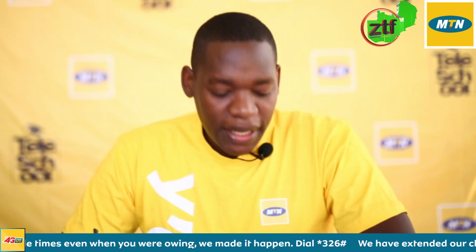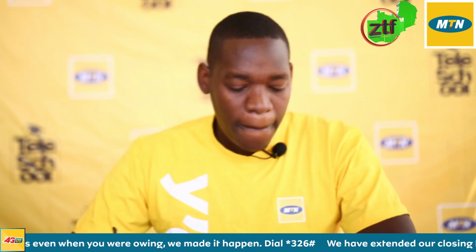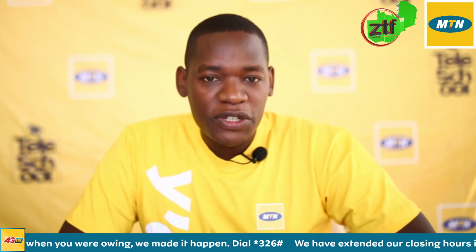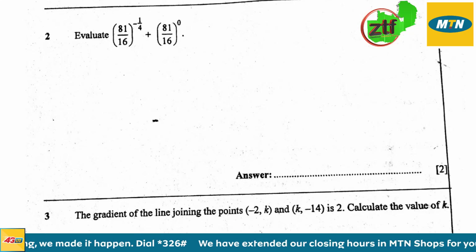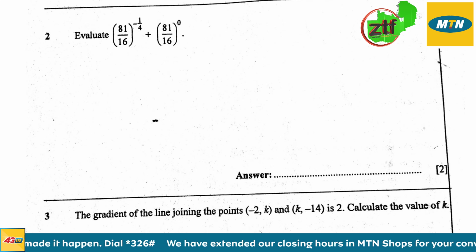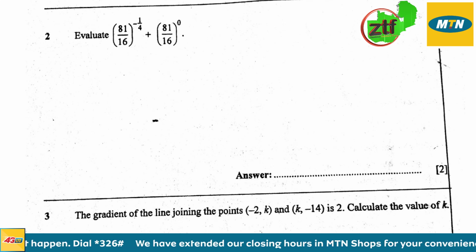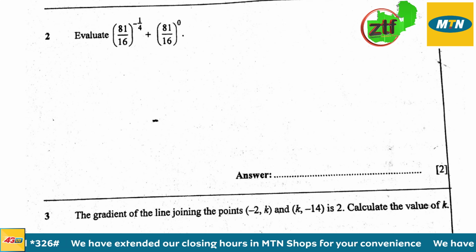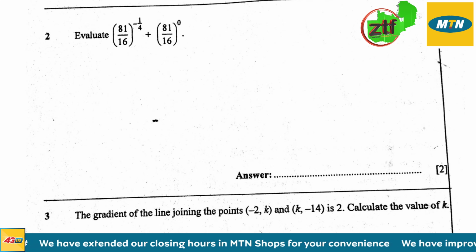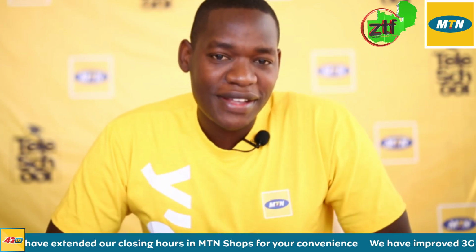All right, so our second question reads: 81 over 16 raised to the power negative 4 plus 81 over 16 raised to the power 0. Now our question number 2 comes from the topic called indices. So I will give you a few examples to remind you of what indices are all about. Let's say we have the variable x.